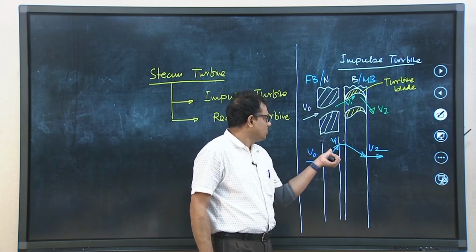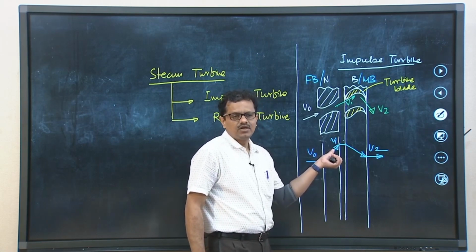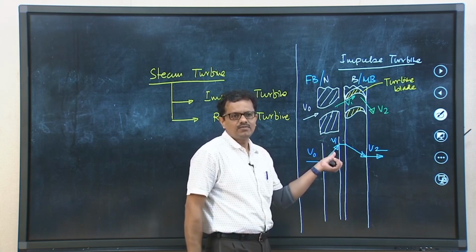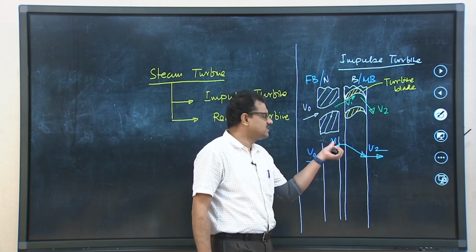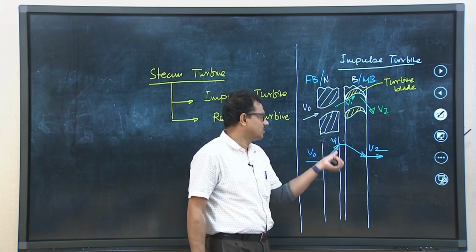Now, we know that at the cost of something, we are increasing the velocity of steam, and what is that particular parameter? At the cost of a reduction of that parameter, you are increasing the velocity, and that is pressure.